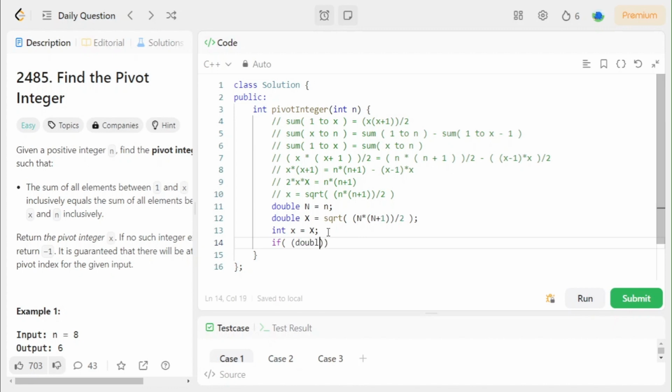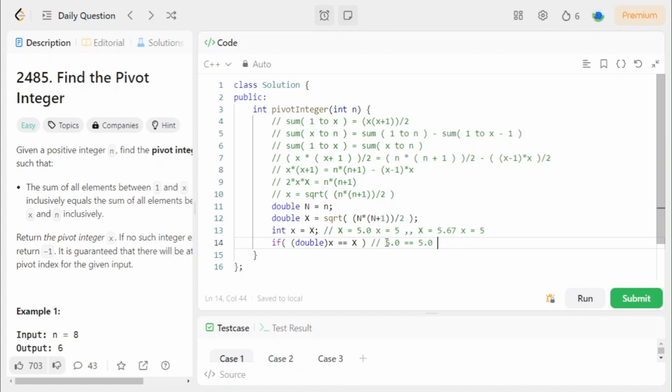Now we check if double of x is equal to capital X. If capital X was 5.0, small x would be 5, right? If capital X was 5.67, small x would also be 5, right? So in the first case, we check 5.0 equal to 5.0.